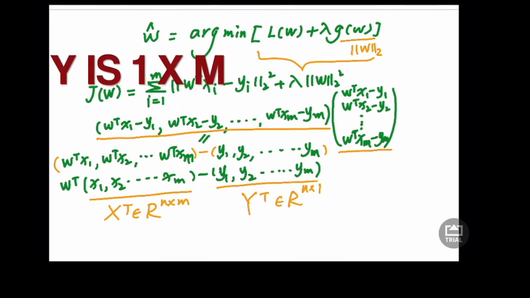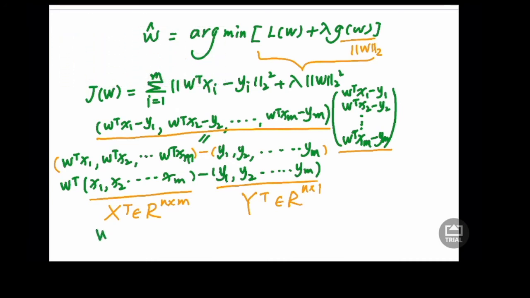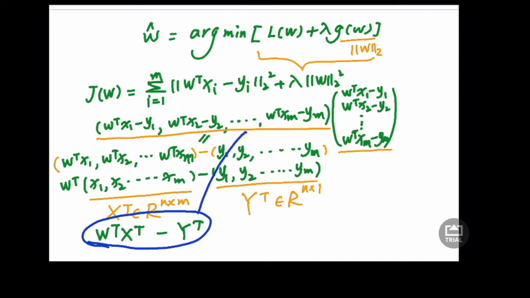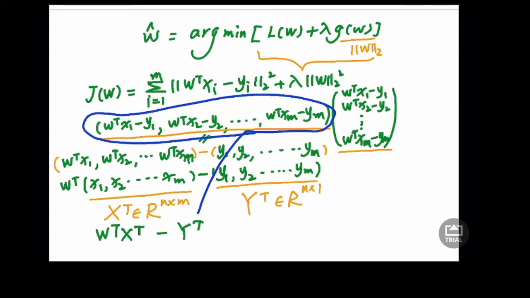And then we can rewrite them as W transpose X transpose minus Y transpose, right? But this is only the first part. We should add its transpose, right? W transpose X transpose minus Y transpose, and its transpose.